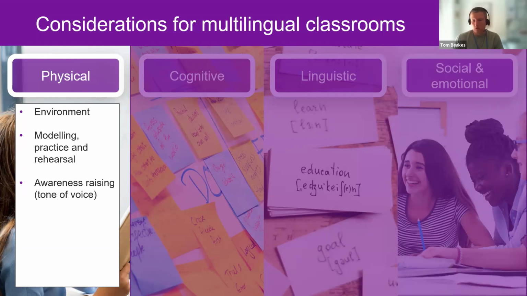So, for example, you might want to explain to learners that not using a wide variety of tones, speaking in a monotone, can sound like you are bored to a listener, especially if they're a first language speaker of English. Rising intonation at the end of a sentence is going to sound like a yes or no question. Whereas if it's falling at the end of the sentence, it's going to be more like an open question, a WH question. And just being aware that there might be cultural differences there.